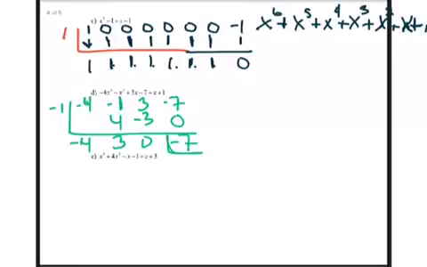This becomes my remainder. I went from x to the 3rd down to x to the 2nd. So I've got negative 4x to the 2nd plus 3x plus 0 plus negative 7 over x plus 1.